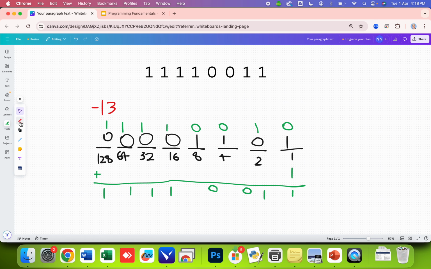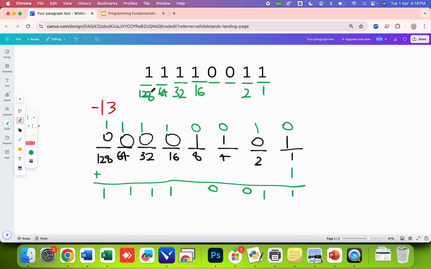Let's put our little draw tool under here: 1, 2, 4, 8, 16, 32, 64, 128.